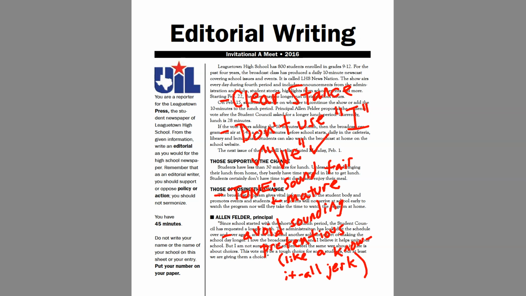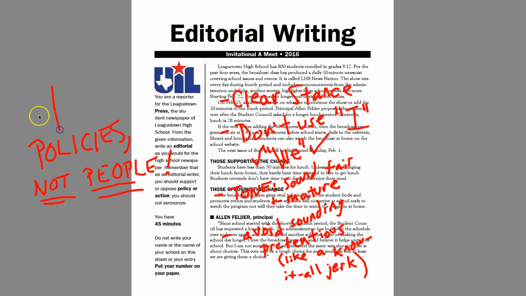The experts also say that you want to avoid sounding pretentious too. Don't go the other direction and sound like a know-it-all jerk. You want to avoid that. You've got to remember that you're attacking policies, the ideas, and not the people. Okay? You're not writing about how dumb the principal is or anything like that. You're attacking policies, not people.